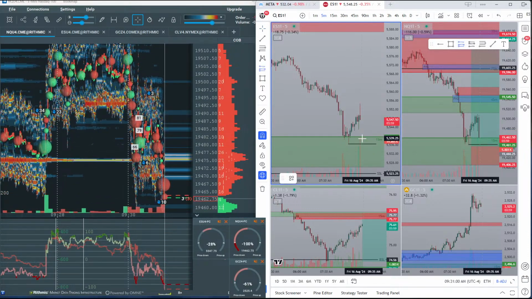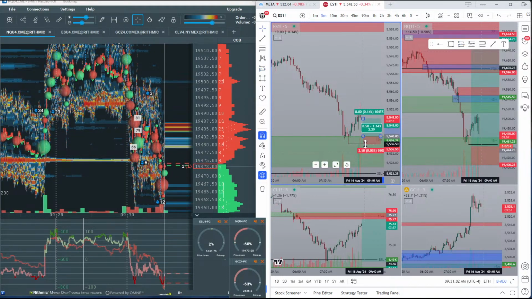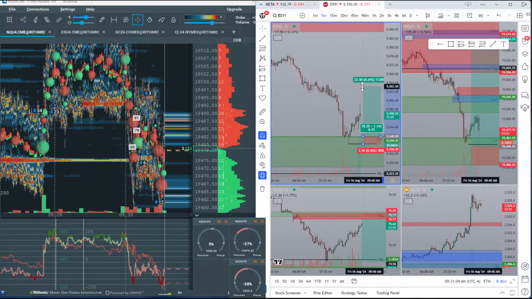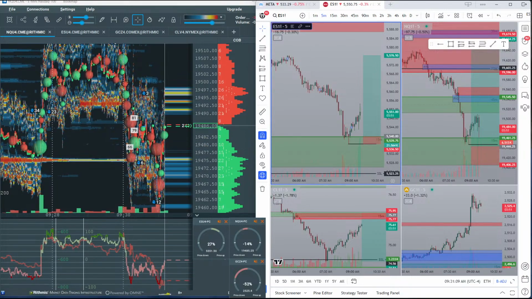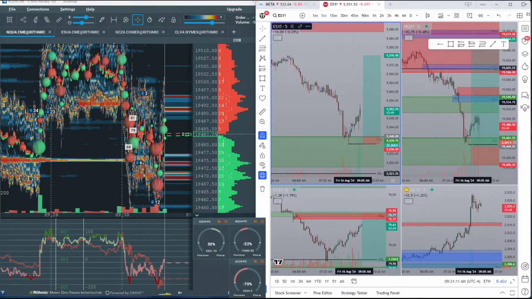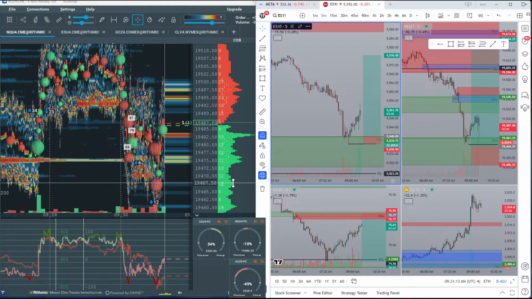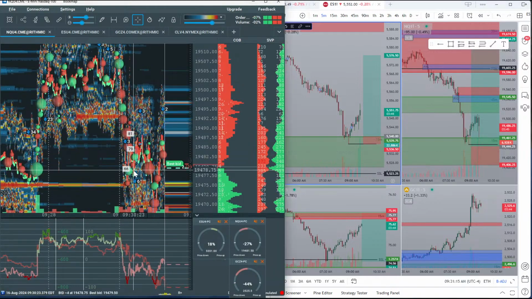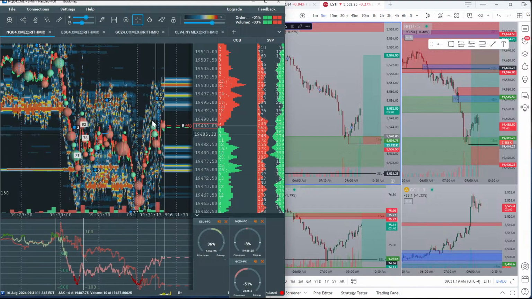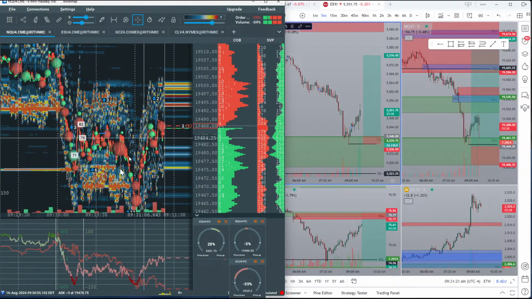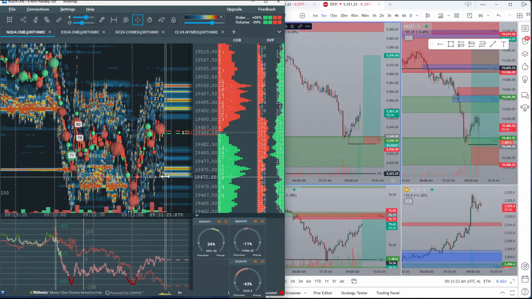ES will be considered stronger at that point. Very volatile market just opened, so we expect a lot of volatility when the market opens.